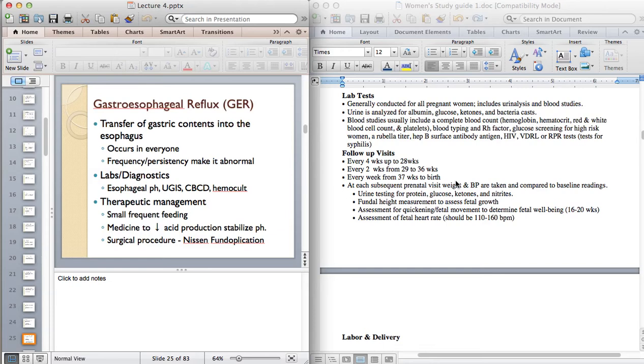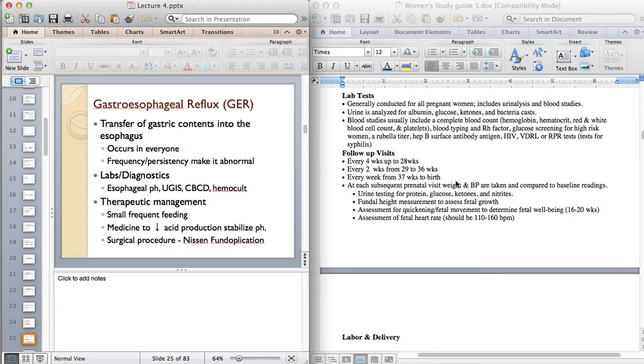So how do we treat it? Well, we want to give small frequent feedings because we said that we do not want to overfeed the child. We can also give medications like Pepcid and Tagamet to decrease the acid production and stabilize the pH.